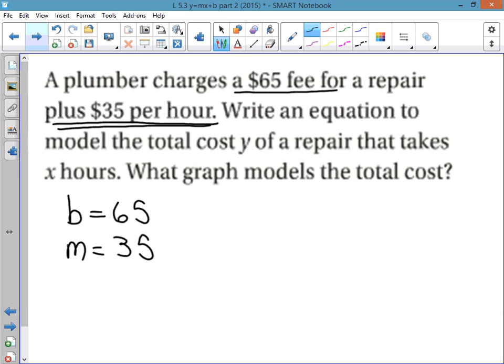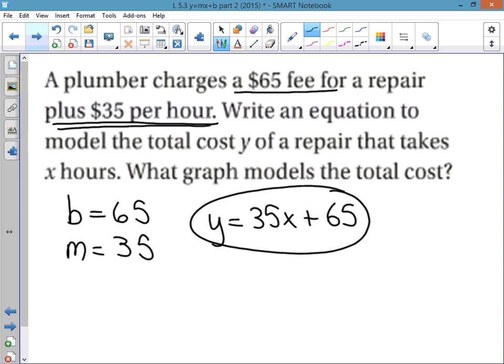So from the information in this problem, I've learned the beginning point and the slope. I can write an equation. y equals mx plus b, which is y equals 35x plus 65. That's the equation that models the total cost y of a repair that takes x hours.